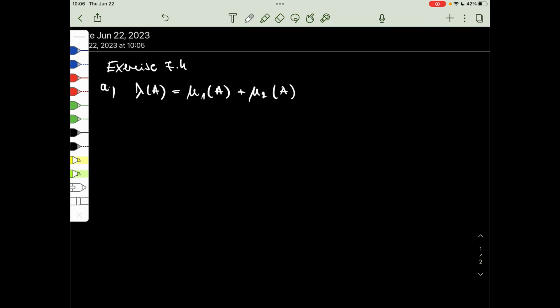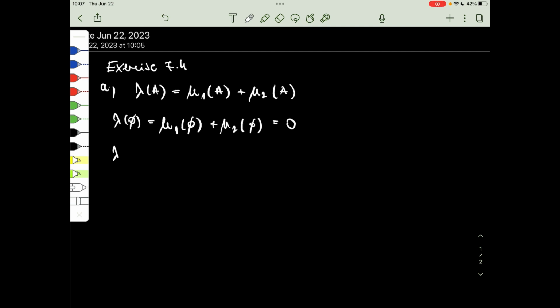The exercise is simple because all we need to do is to show that all the three basic properties of measures hold in the case of lambda. So for instance, for the empty set, this equality holds, which is 0, so the first basic property holds.